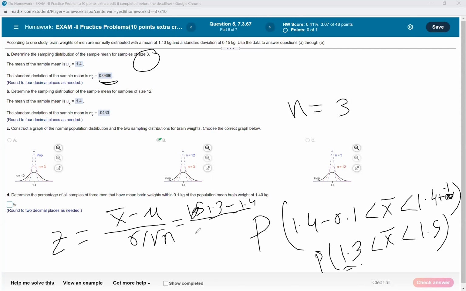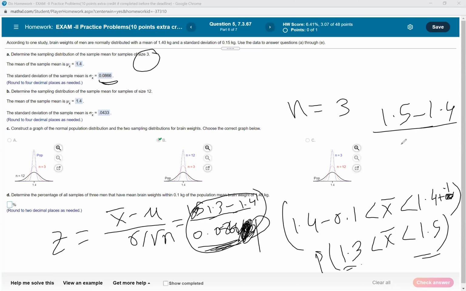Sigma is this one, 0.0866 divided by square root of 3. Oh, I made a mistake actually. This is already sigma over square root of n, so you do not need to divide it by square root of 3. You just have to calculate this one. And for this number, you have to calculate 1.5 minus 1.4 divided by 0.0866. So you will get the z-score for this one and the z-score for that one, and from the z table, you can calculate the probability.